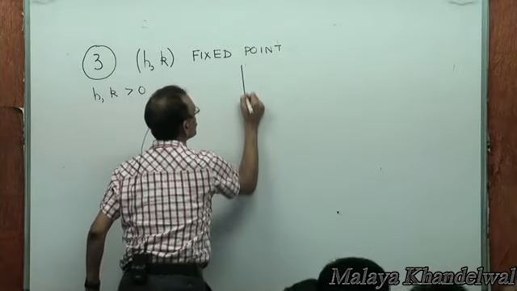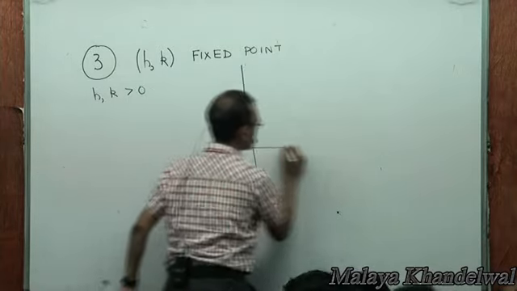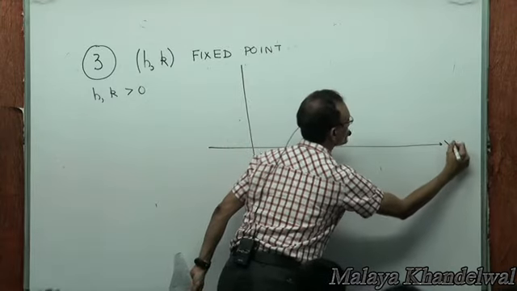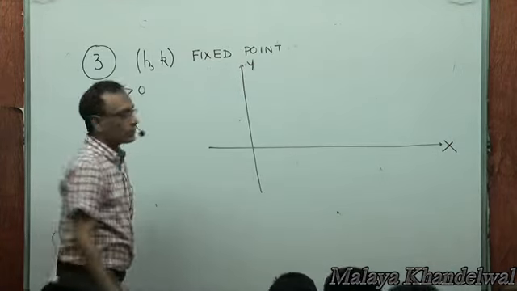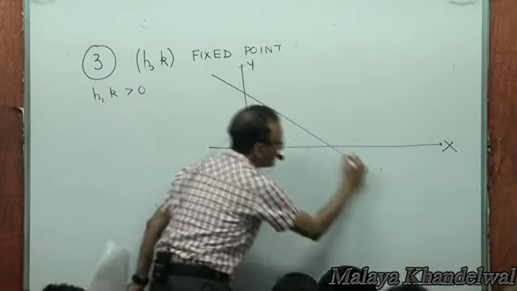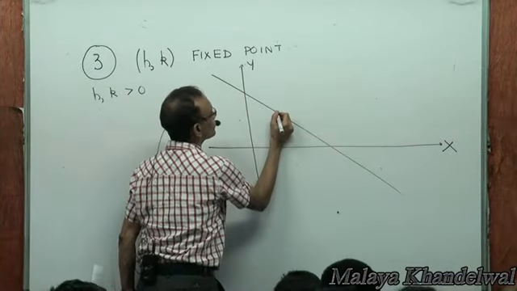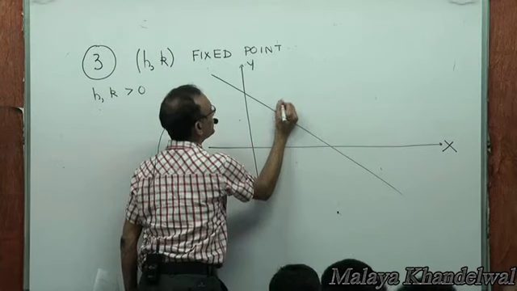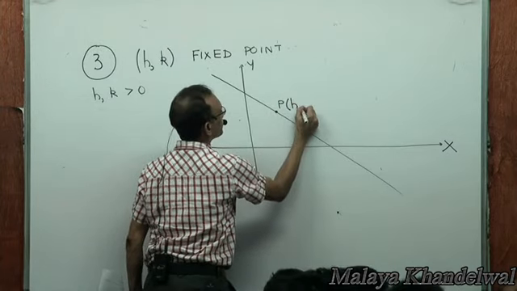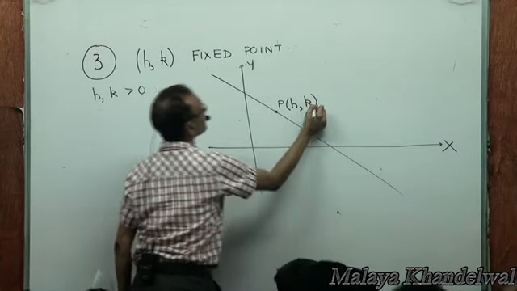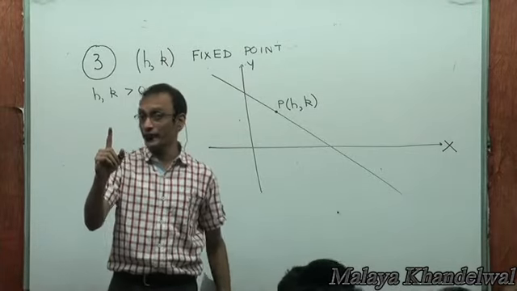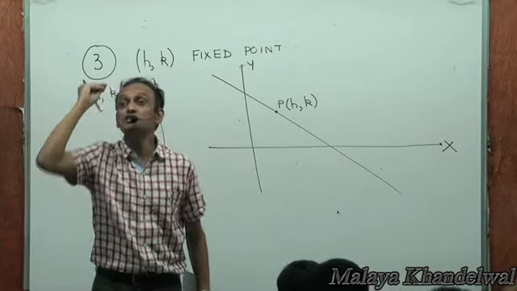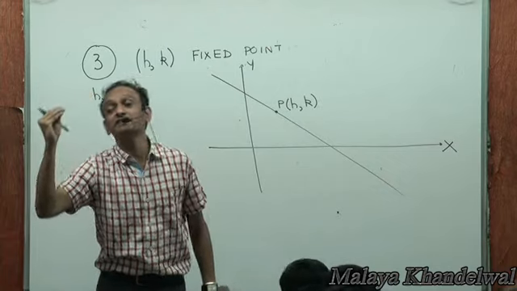Now what is done is, there is a straight line which is drawn passing through H comma K. There is a straight line which is drawn passing through P H comma K. Right?